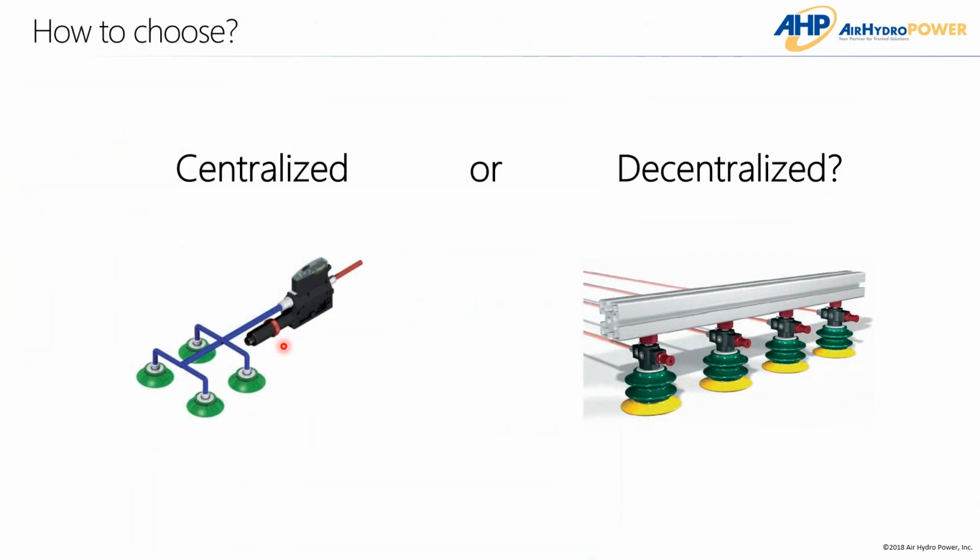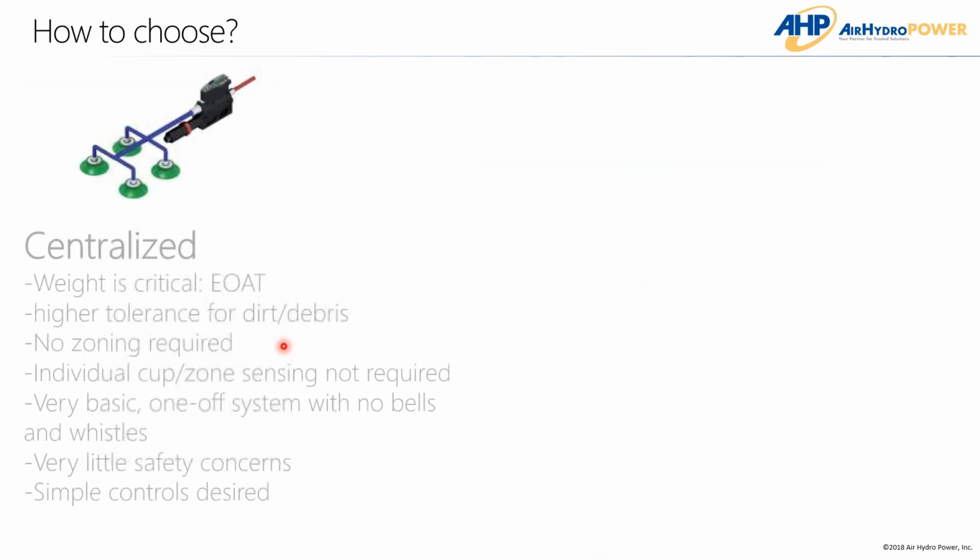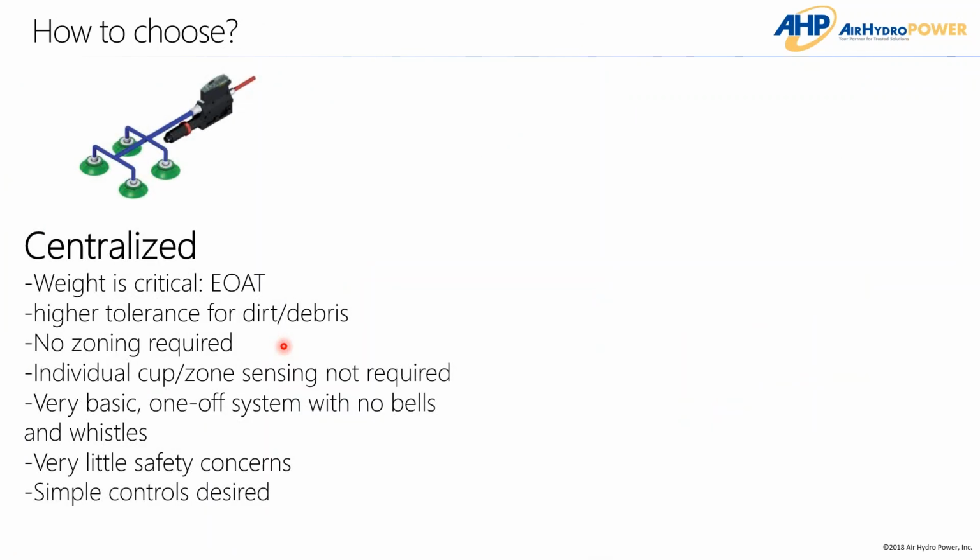And so to break it down, how do you choose centralized or decentralized? Hopefully you have an idea by now. But centralized, to break it down again, we're looking at weight being critical, right? There's really no options for putting anything on there. We've got to get it really slimmed down. That could be a case for centralized. Higher tolerance for dirt and debris, no zoning required. Just one part, no need for multiple parts.